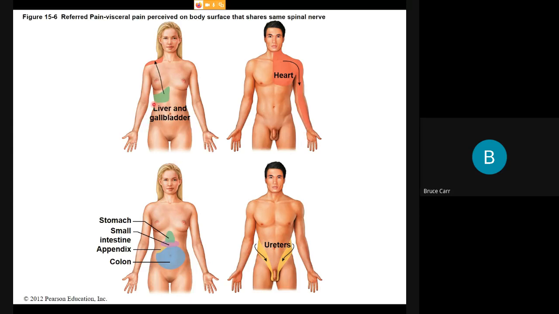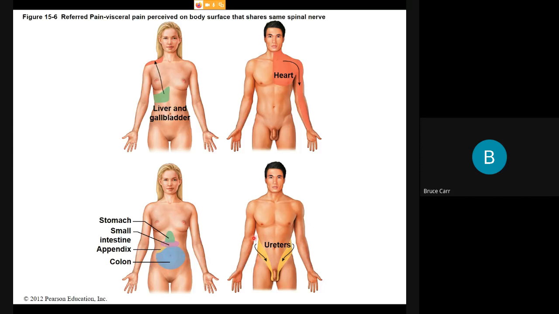So other liver and gallbladder are sort of, you will get discomfort in that right abdominal region, but here you will also often get referred pain up around the right shoulder. The organs shown, stomach, small intestine, appendix, and colon, are sort of appropriately located.